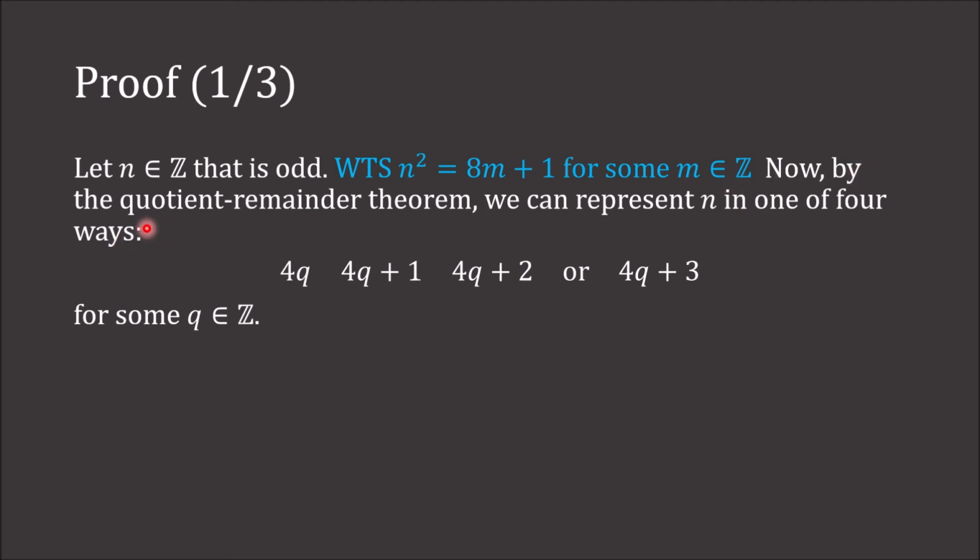So by the quotient-remainder theorem, we can represent n in one of 4 ways, either as 4q, 4q plus 1, 4q plus 2, or 4q plus 3 for some integer q.